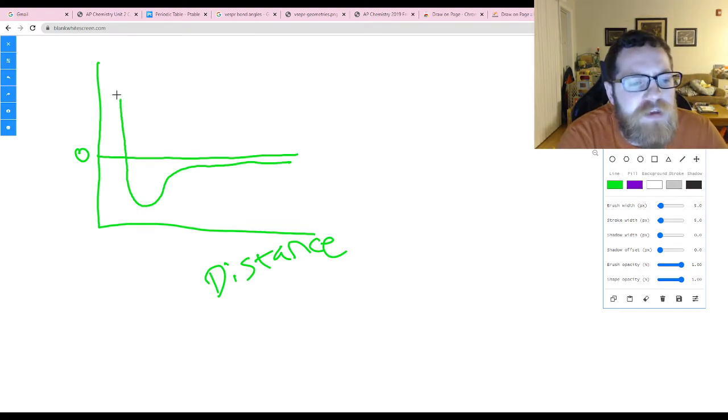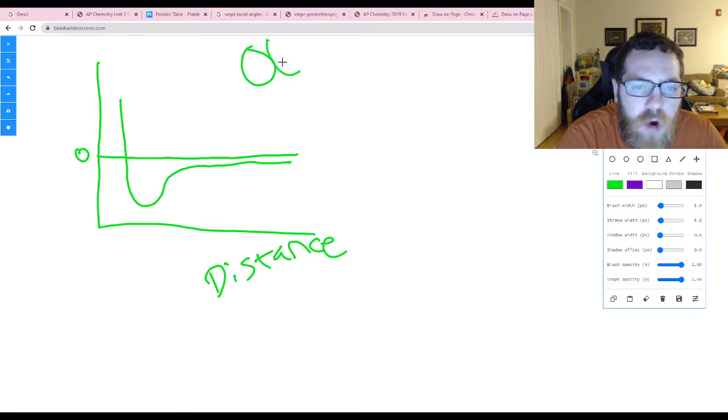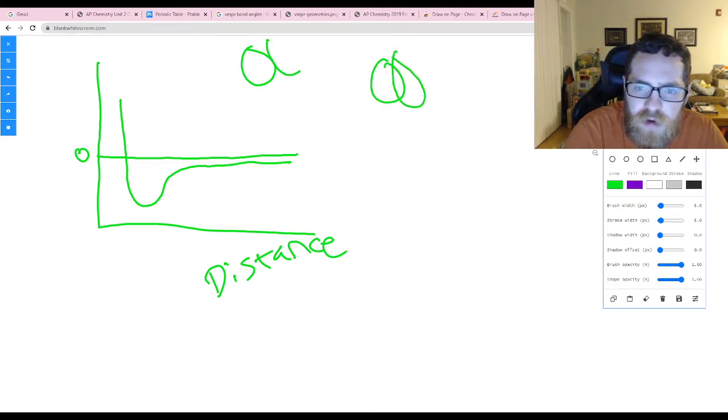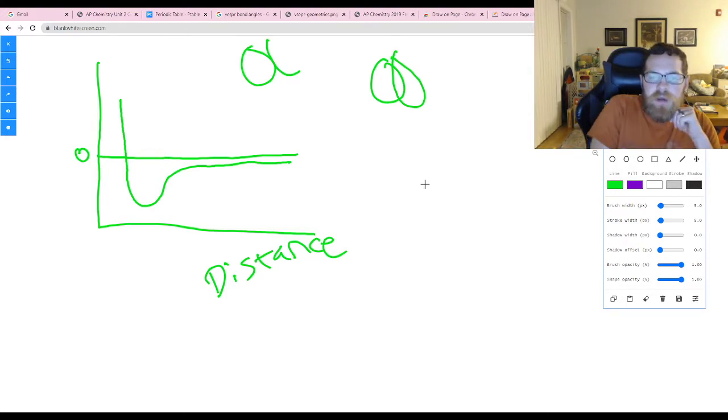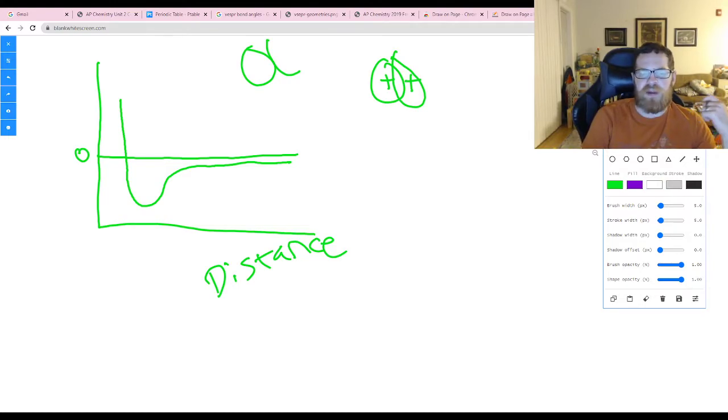If you have a distance that is too small, you get a serious overlapping of atoms, so let me overlap that even more. And what you end up having is the electrons to some extent, but more importantly, the positive protons in each of them getting too close. The nucleus is getting too close and repelling each other.